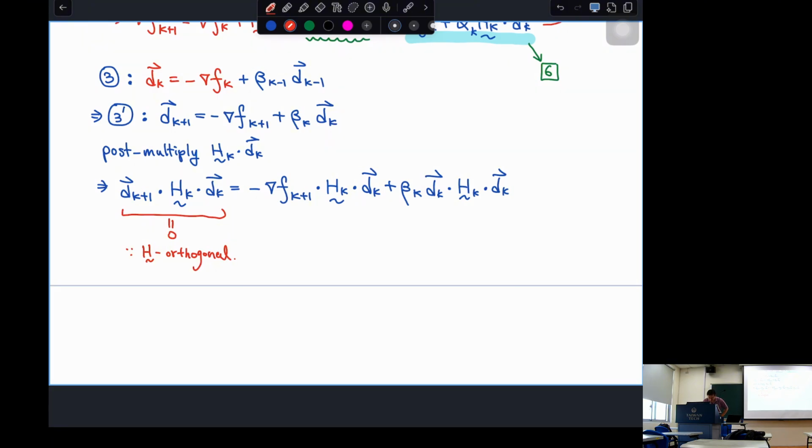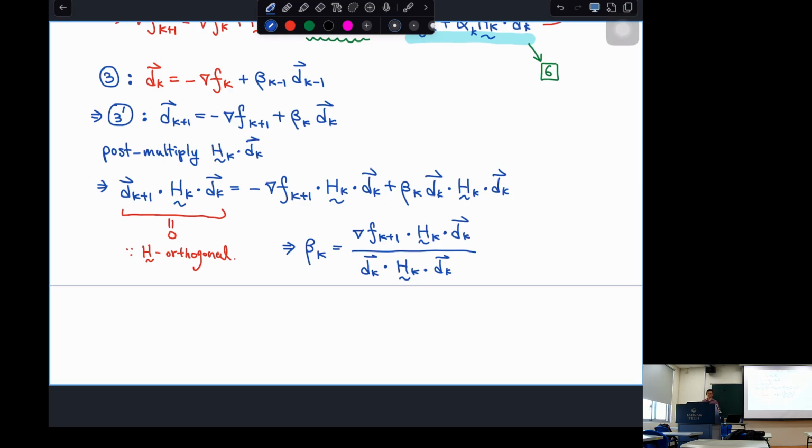So what is it? Beta k equals gradient f k plus 1 dot Hessian k dot dk over dk dot Hessian k dot dk.